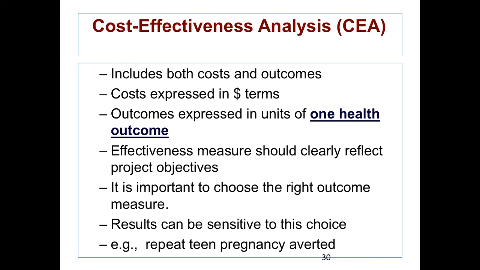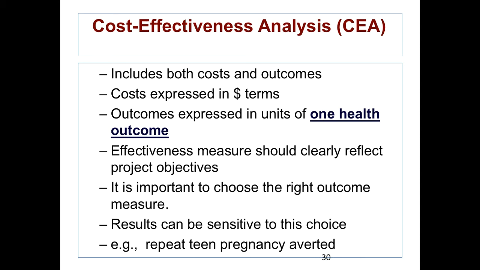health outcomes you're choosing. For example, if the objective of the project is to decrease the teen pregnancy rate, therefore your intervention is, for example, some type of education in health for teen pregnancy.